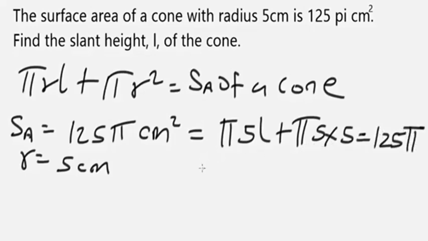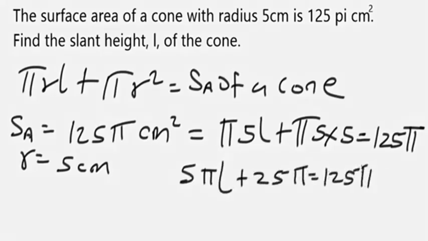Okay, when you break this down, you're going to have 5 pi L plus 25 pi equals 125 pi. Okay, now to make L the subject of the formula, firstly, this 25 pi will cross the equality sign and change to negative. So you're going to have 5 pi L equals what?